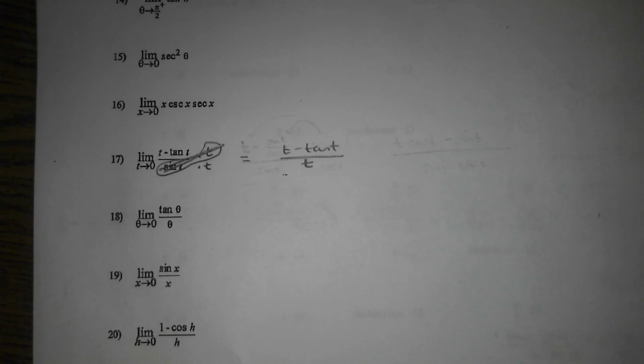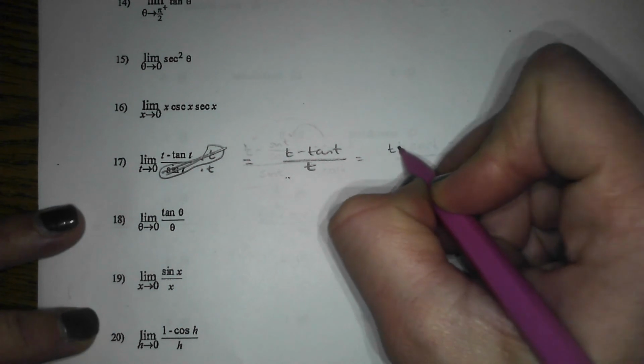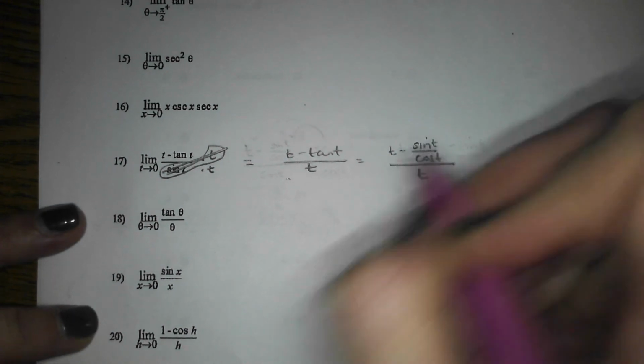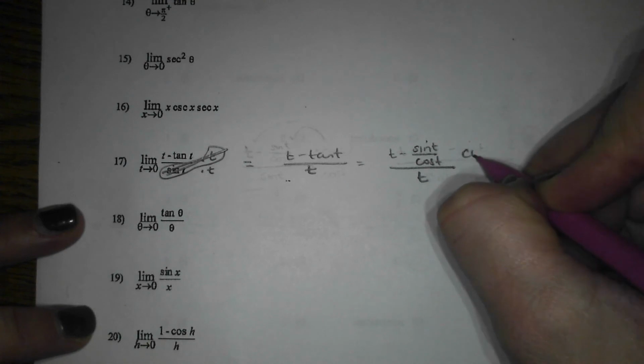But now maybe my complex fractions would help. Maybe, maybe not. I'm going to try it just because I'm at a loss. So I'd multiply by cosine t.